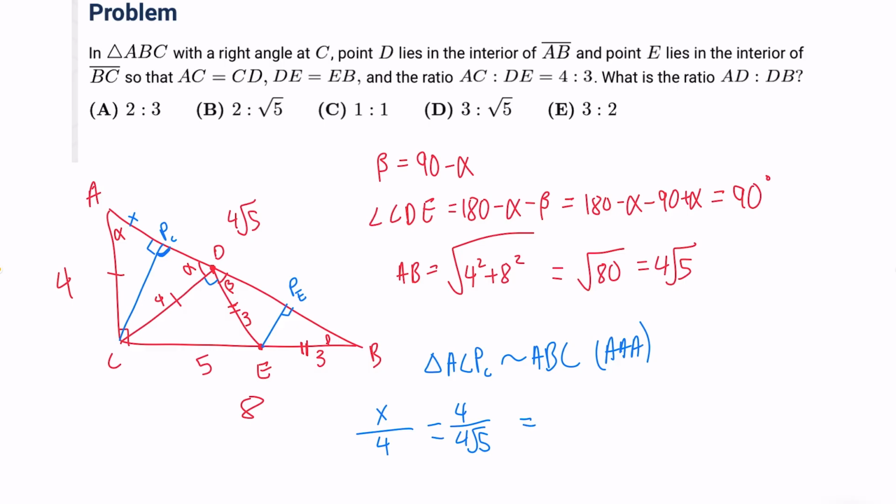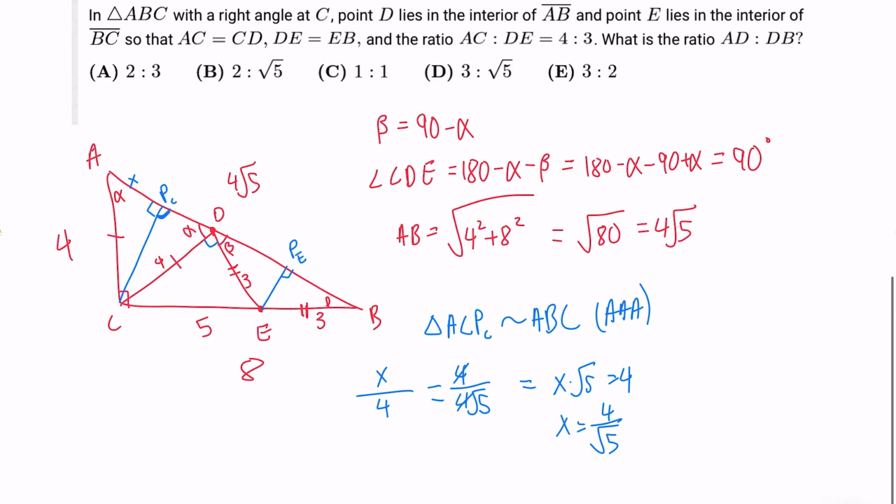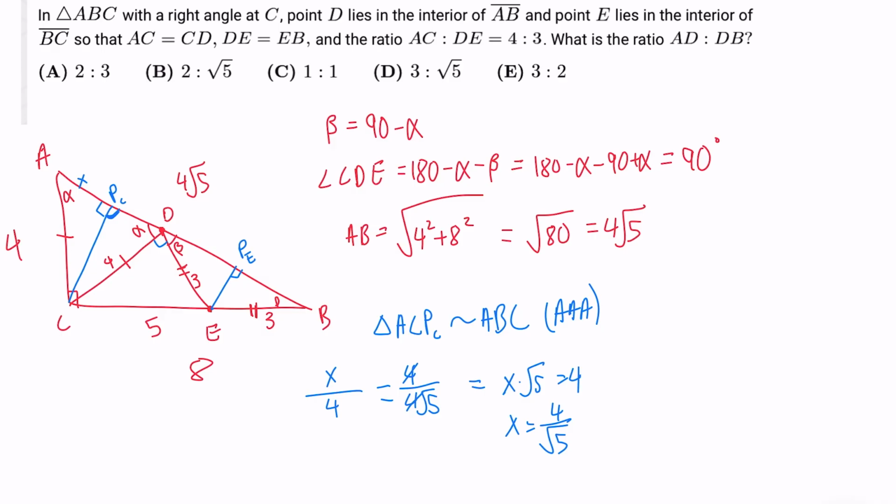So this would cancel out. X times the square root of 5 is equal to 4, so x is equal to 4 over the square root of 5. And then we could do the same thing with D and PE.